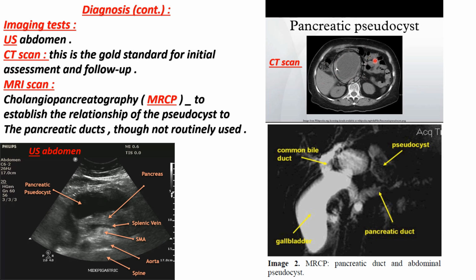This is the pancreatic pseudocyst. MRCP to establish the relationship of the pseudocyst to the pancreatic ducts and common bile duct, though not routinely used. This is the pseudocyst with MRCP.